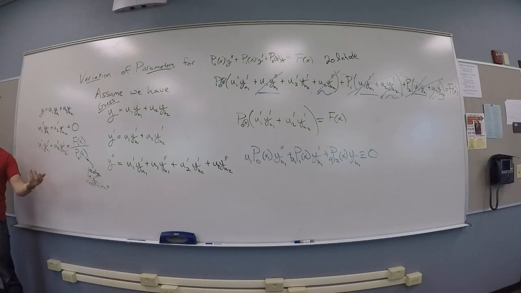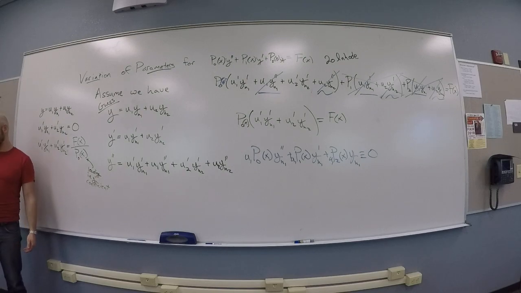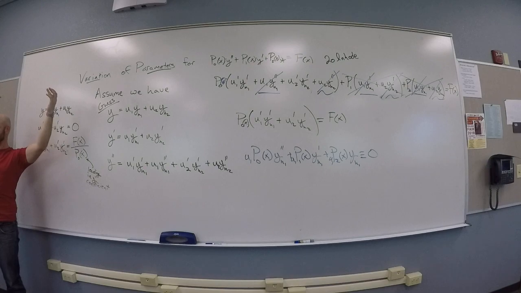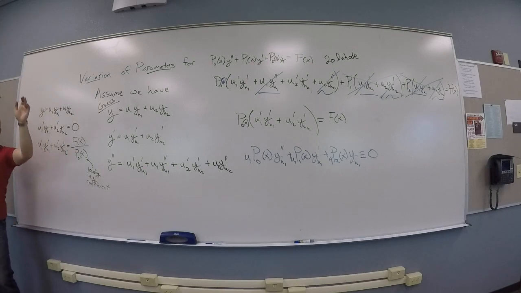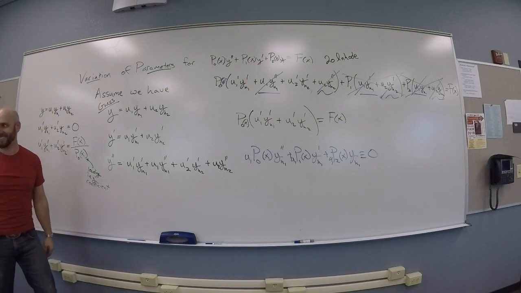It just wouldn't work, and then you'd have to say, that assumption was bad, I'll go back and redo it. But it won't happen. If it does happen, the correct response would be to say, woo, I found a counterexample to variation of parameters. Right, and then publish a textbook.